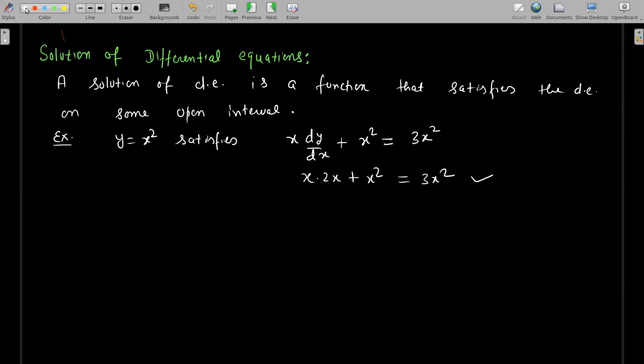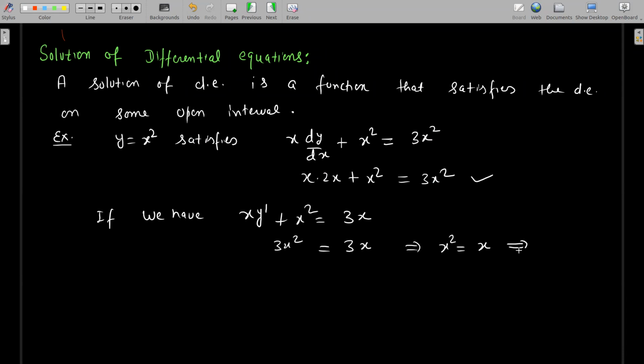But if we have, let's say, this equation x y prime, so y prime is dy by dx, plus x square equals to 3x, and then you can compute the left hand side. This is 3x square, right hand side is 3x, and you can say x square equals to x.